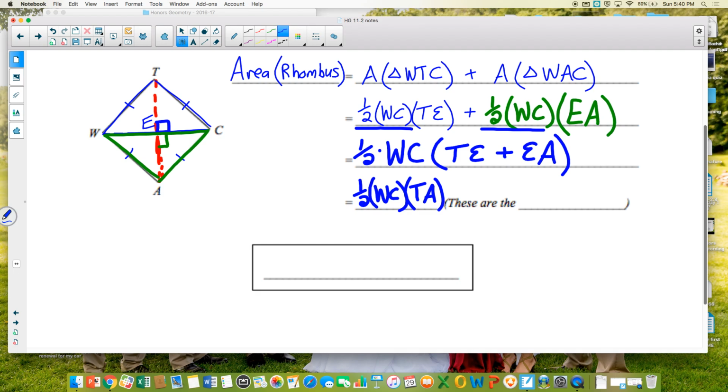And if you look, WC and TA are both diagonals. So this little mini proof shows that the area of a rhombus is equal to 1/2 times diagonal 1 times diagonal 2.